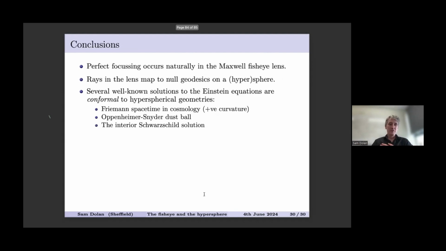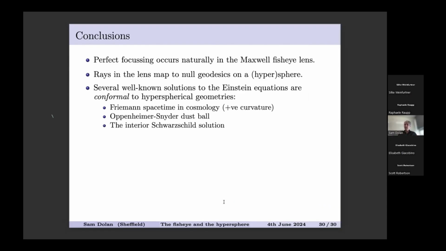Okay, so I should conclude there. The main points we've covered are that perfect focusing occurs naturally in the Maxwell fisheye lens, and the rays in that lens map to null geodesics on a hypersphere. Several well-known solutions of Einstein's field equations are conformally related to hyperspherical geometries, and these include the Friedmann spacetime in cosmology, Oppenheimer-Snyder collapse, and, as described here, the interior Schwarzschild solution.